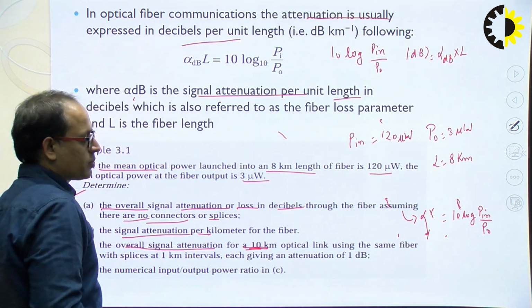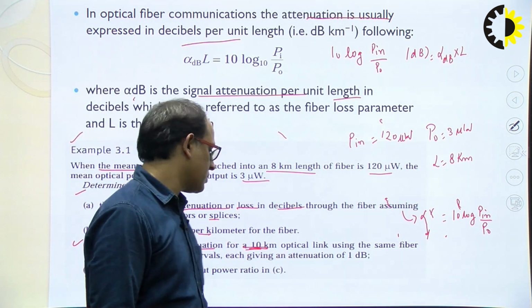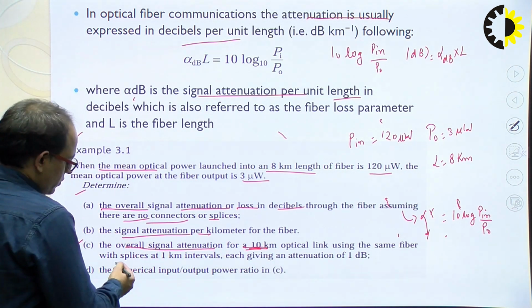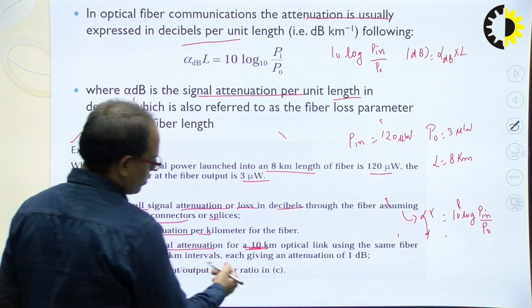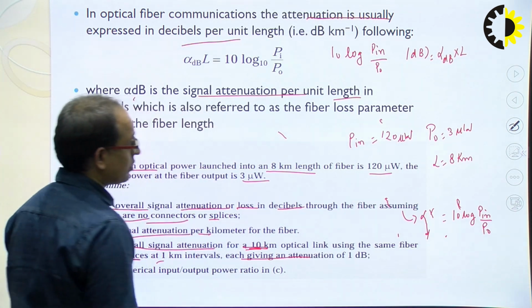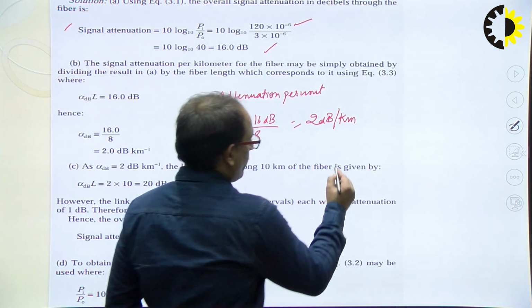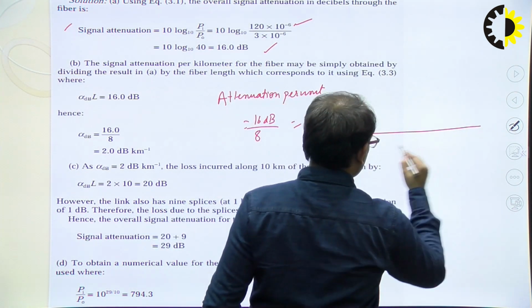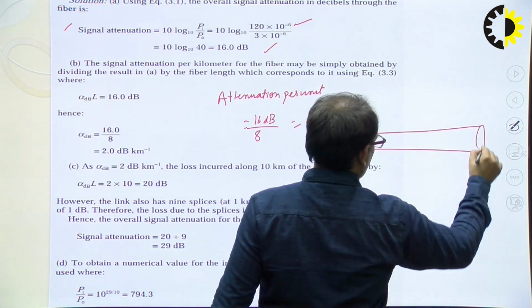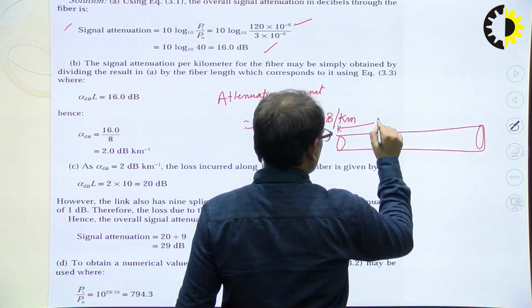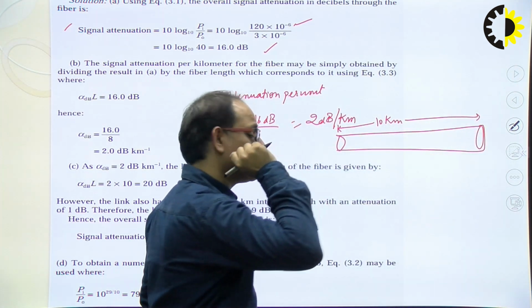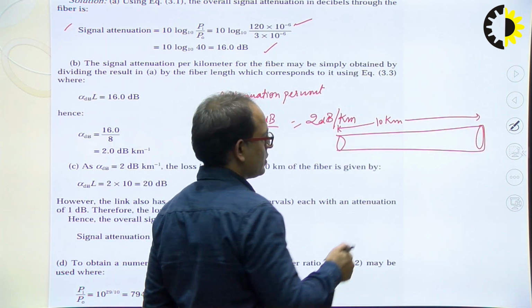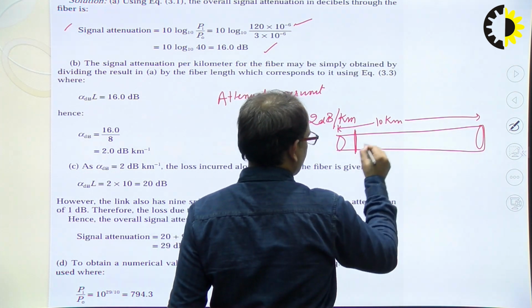Now the length of the optical fiber cable is 10 km, but we use splices at every 1 km interval, each giving an attenuation of 1 dB. It means if I say that this is an optical fiber cable and it has a length of 10 kilometer, and at every 1 kilometer there is a splice here.